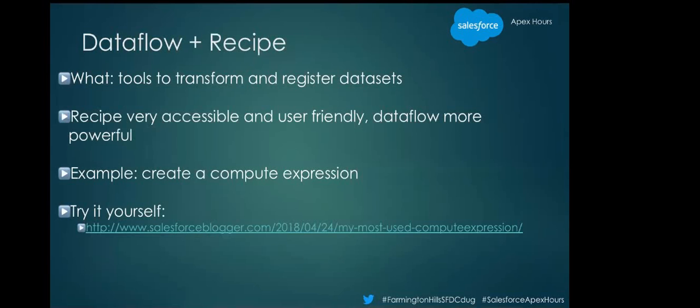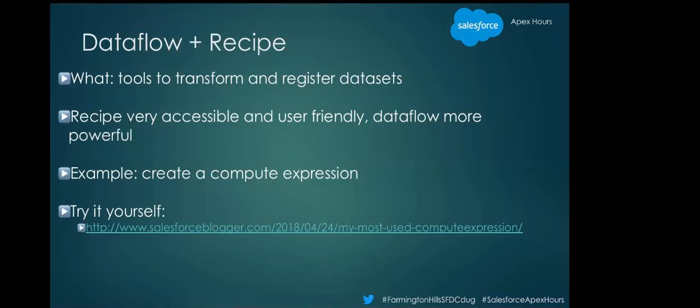Now, you can do a lot of things, and I just put in one example that I'm going to try and do today: creating a compute expression in a data flow, just to give you an example. I'm not going to go through the recipe part because it is very user-friendly, and I feel like most people would be able to go in there and navigate around and try a few different things.